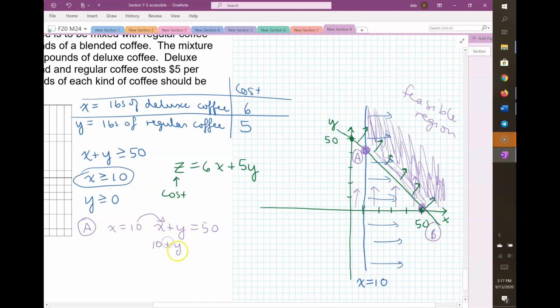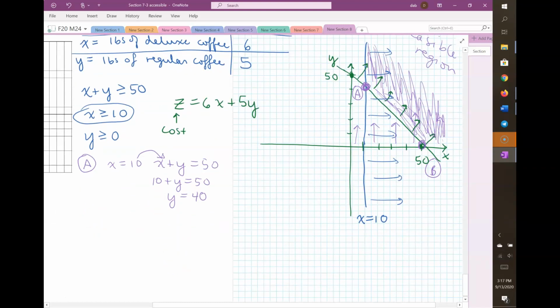So we talked about to find intersections of lines, you're solving systems of equations. So this is the point 10, 40. And then B is our x-intercept, so that one we can just write what it is.